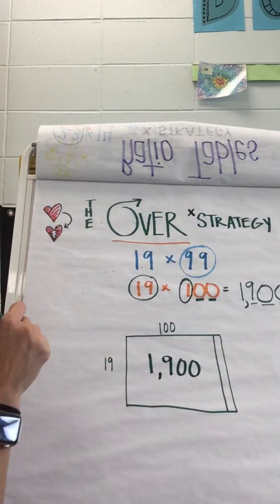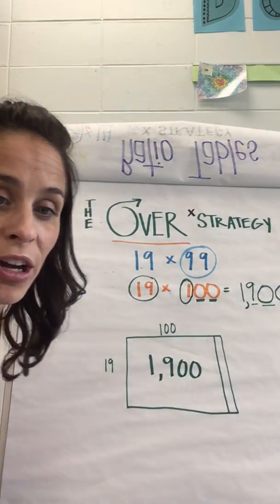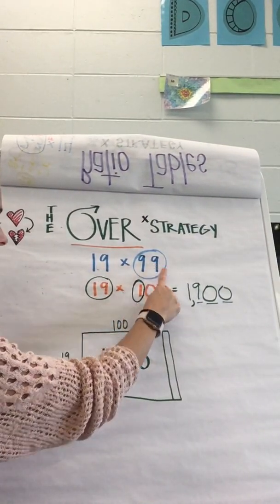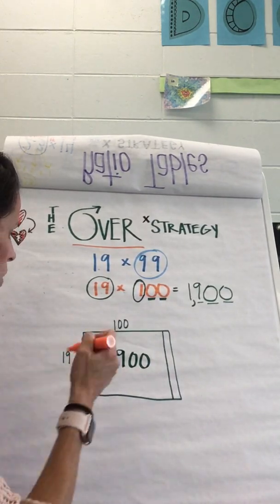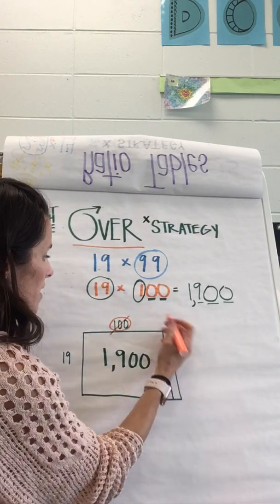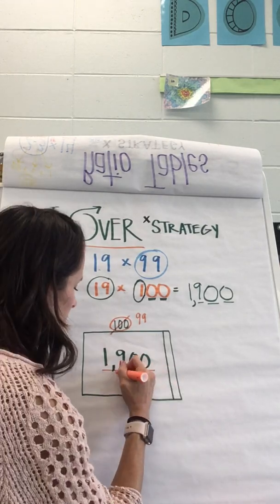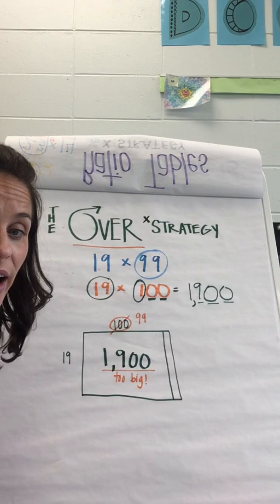1,900. However, 19 times 100 is not our real problem. Our real problem is 19 times 99. So we have to think about, okay, there is 1 instead of 100. Really, we should have 99. So this is too big. That's not the real product.